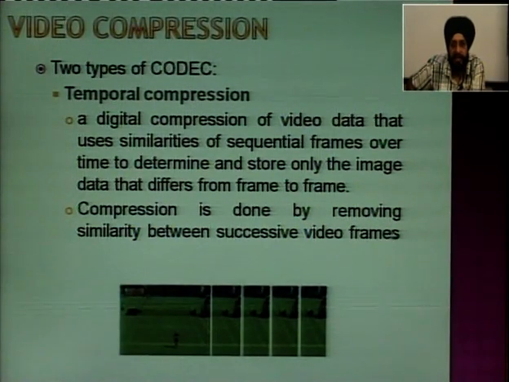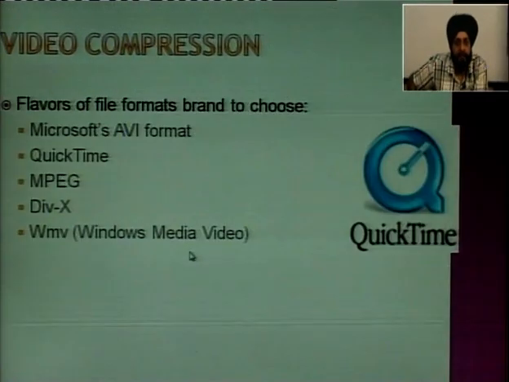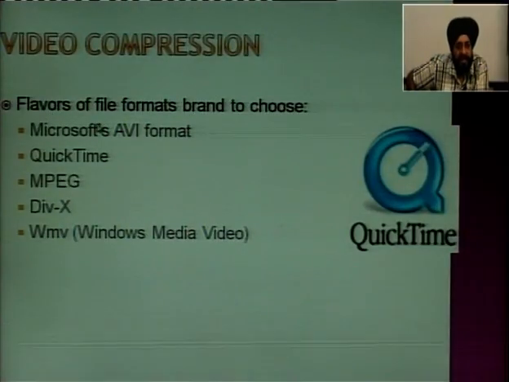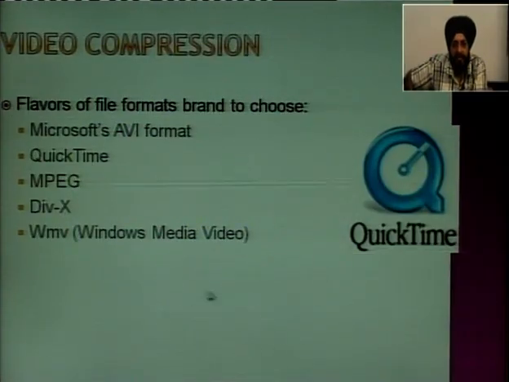Compression is done by removing similarity between successive video frames, so the similar part is removed and not stored or displayed. These are the other formats: Microsoft's AVI format, QuickTime, MPEG, DivX, or WMV, Windows Media Video, which are also used for video display and compression.